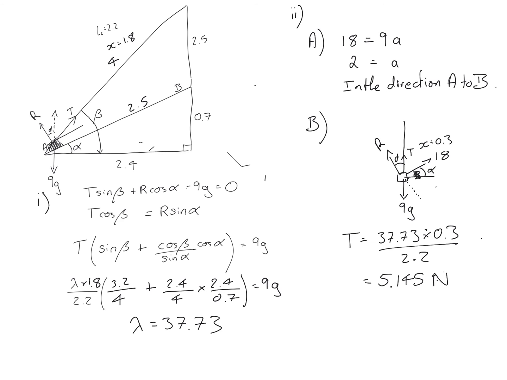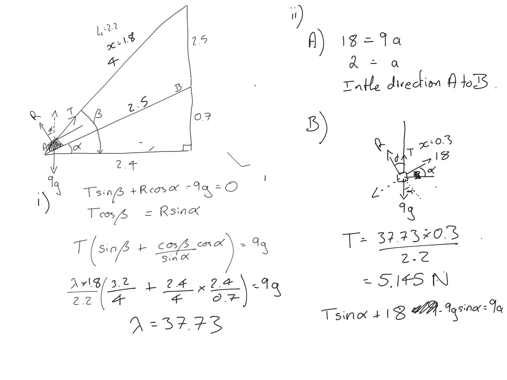So actually our acceleration, if we just look parallel to the slope, is T sine alpha plus 18 minus 9g sine alpha equals 9a.